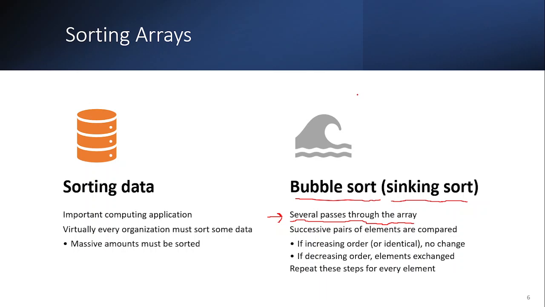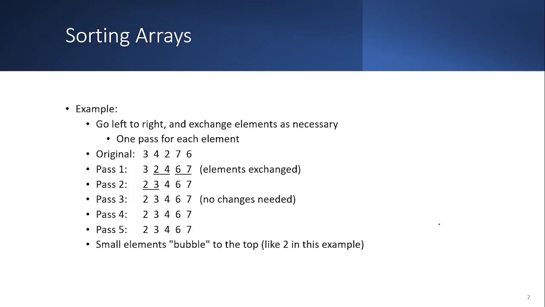If they are not in the required order, then you swap them. We'll see what that means. This process is repeated for all the elements in the array, and more than once. So we look at an example and then hopefully you understand.